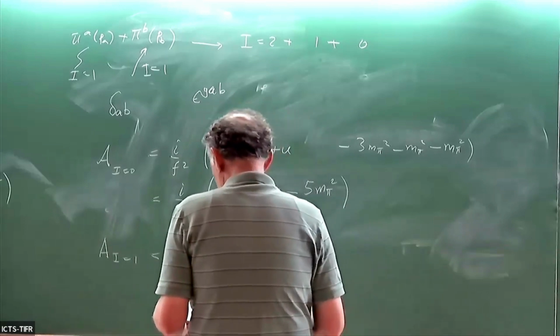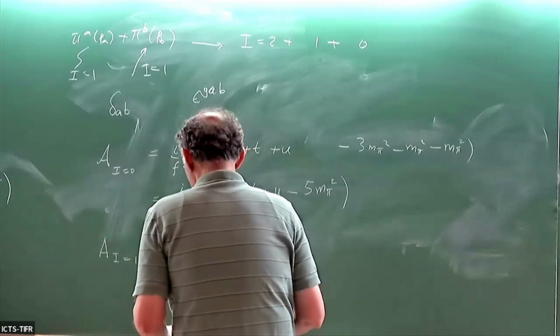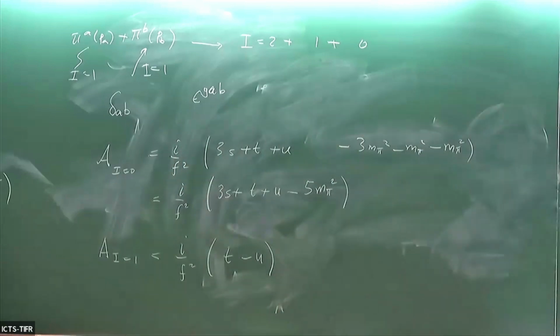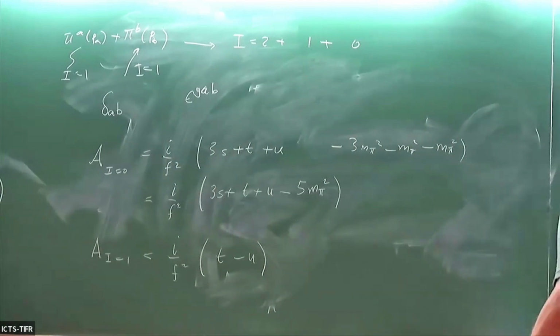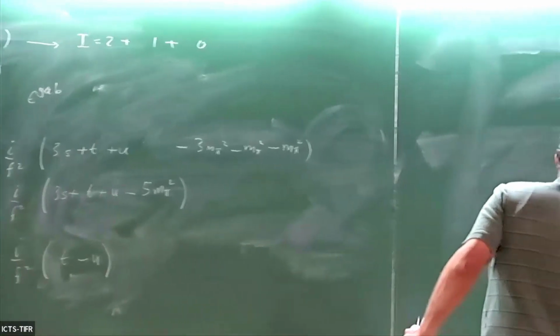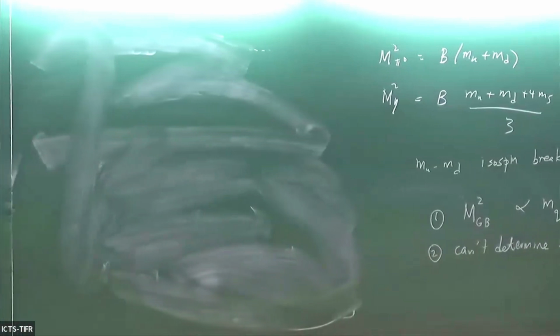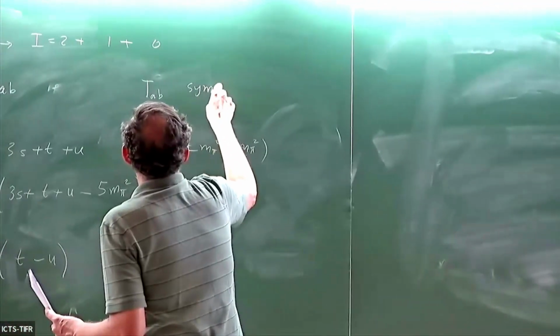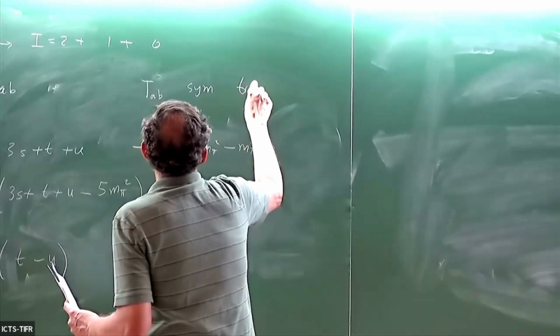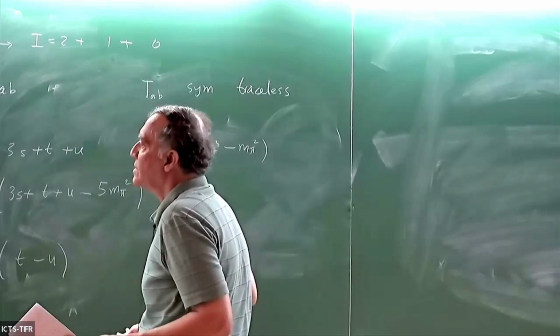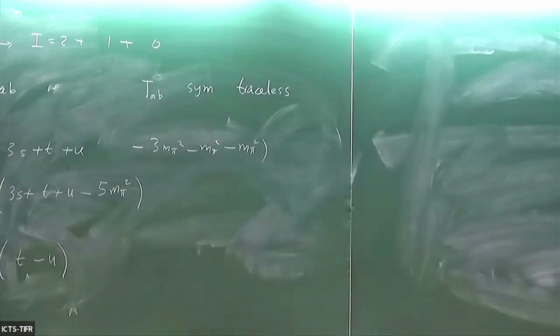And the isospin 2 amplitude is multiplying by some tensor T_AB, which is symmetric and traceless. That's how you combine two isospin 1s into isospin 2. So if it's traceless, the delta AB doesn't contribute again because it gives you the trace.